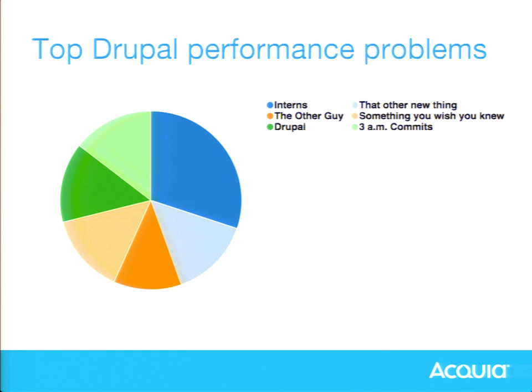It leads you to rely on intuition, like assuming that views is slow or panels is slow. Those are assumptions you make without data and a strategy behind them. So yeah, it's a joke, but it's also kind of serious.